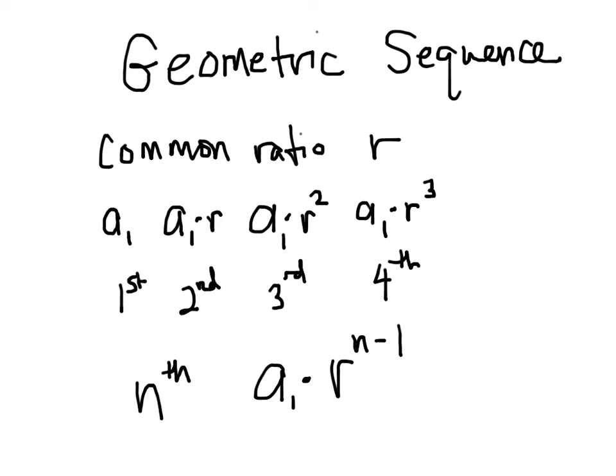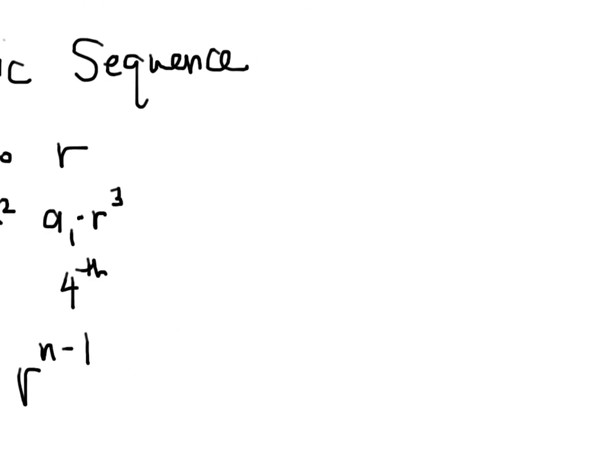Now, of course, in our problem, we were given r equals 2. So, regardless of what the first term was, the fifth term would be A1 times r to the fourth, and the eighth term would be A1 times r to the seventh.